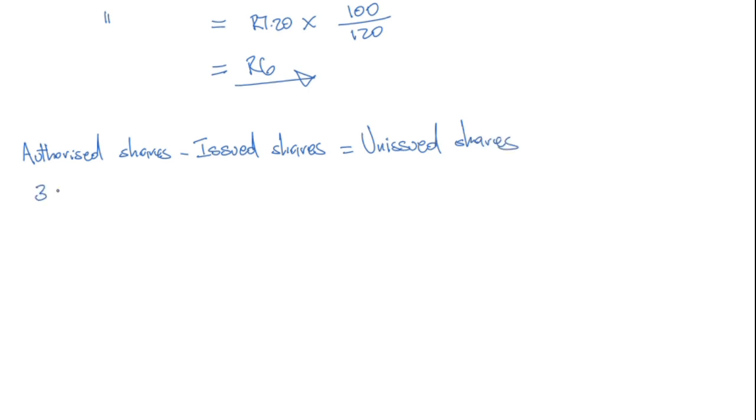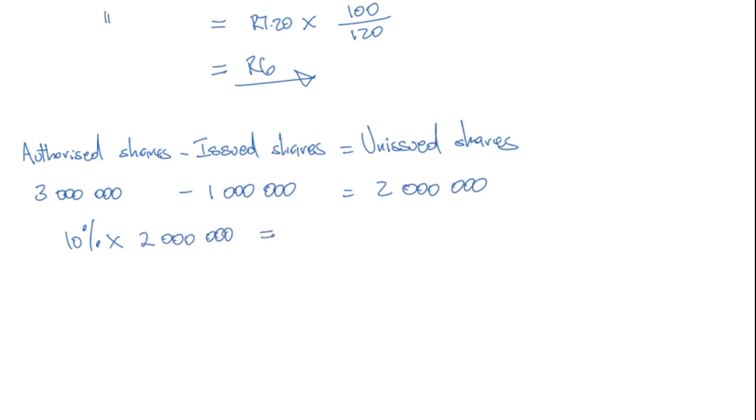We have 3 million authorized shares minus 1 million issued shares. So that gives us 2 million unissued shares. 10% of 2 million is equal to 200,000 shares. So 200,000 shares were issued.